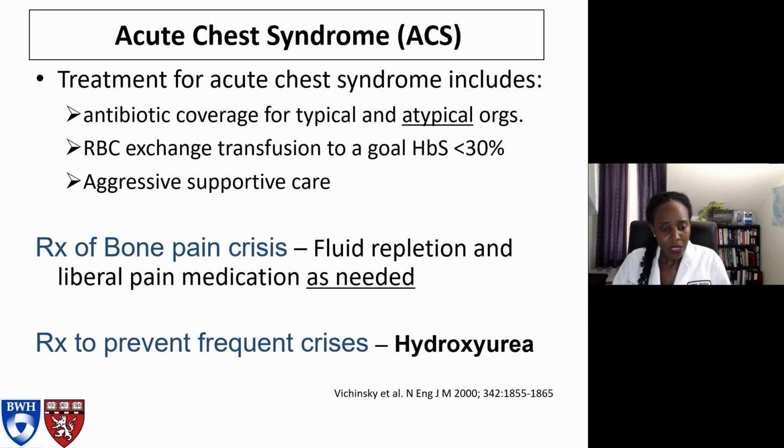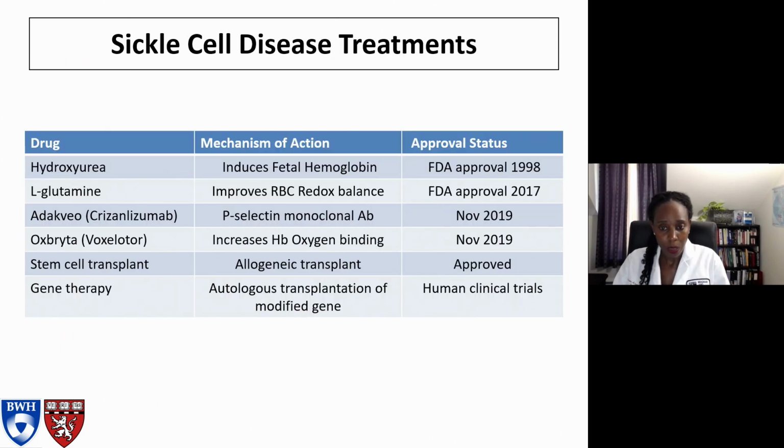The treatment that we've had forever to decrease the frequency of crisis has been hydroxyurea. Hydroxyurea was approved in 1998, and for the longest time there were no other medications specifically approved for sickle cell disease. But since 2017, we have really expanded the number of drugs on the market to treat patients with sickle cell disease.